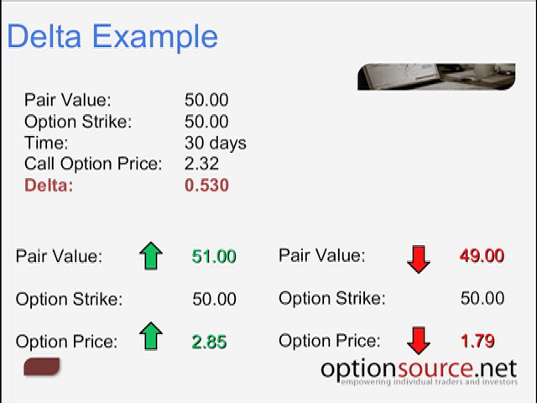But after that drop takes place, each consecutive dollar drop is actually going to have less and less of an influence because the delta is actually lowering. So it's just an interesting observation as these kinds of positions move against us.